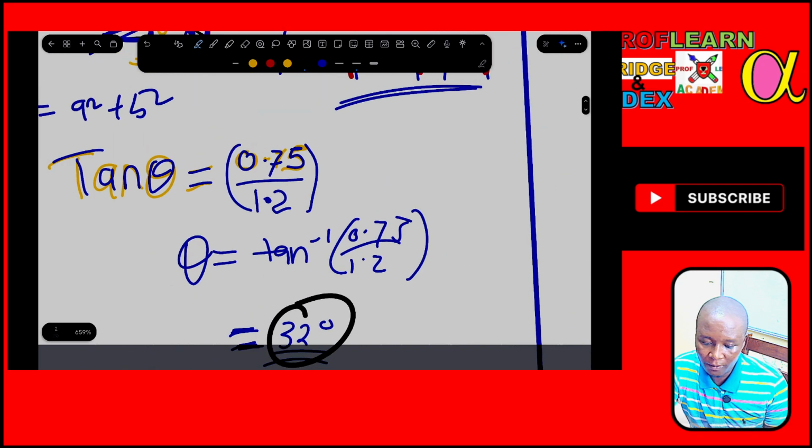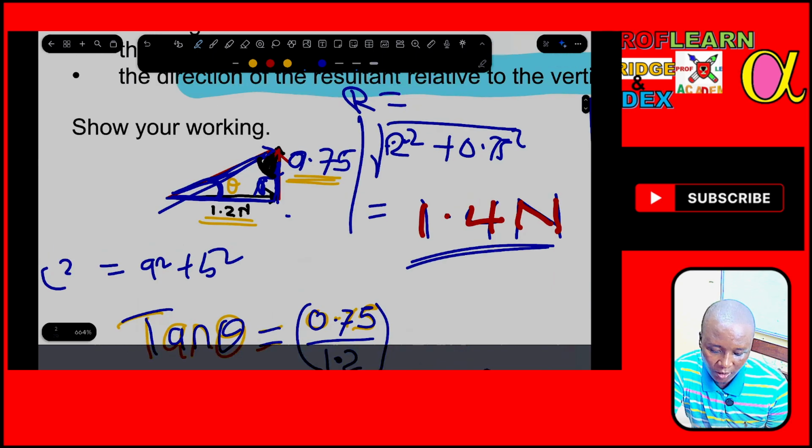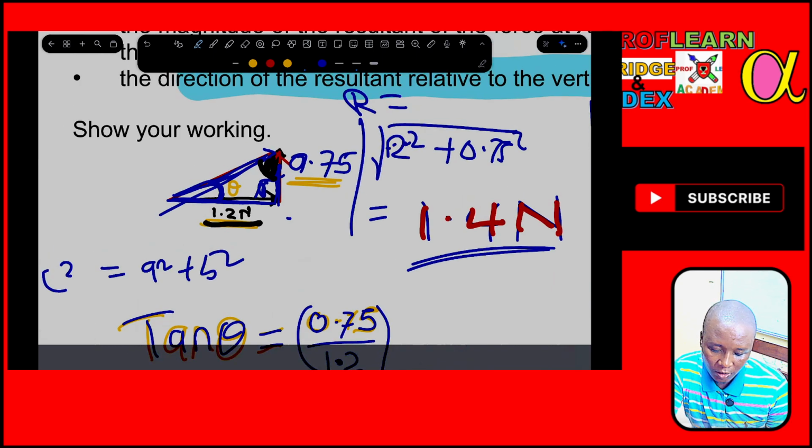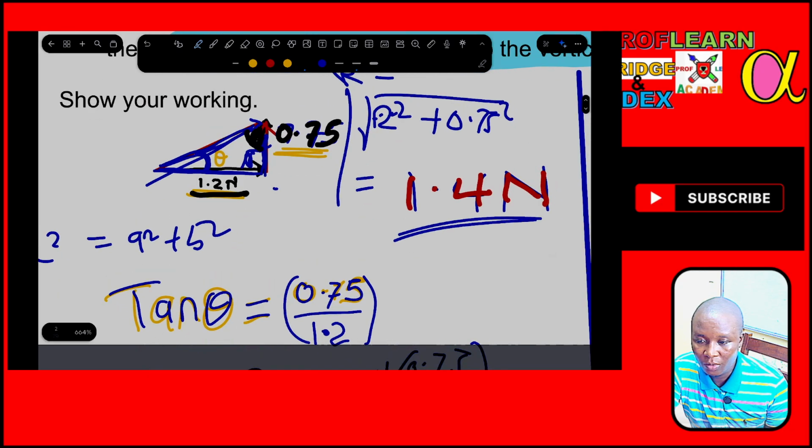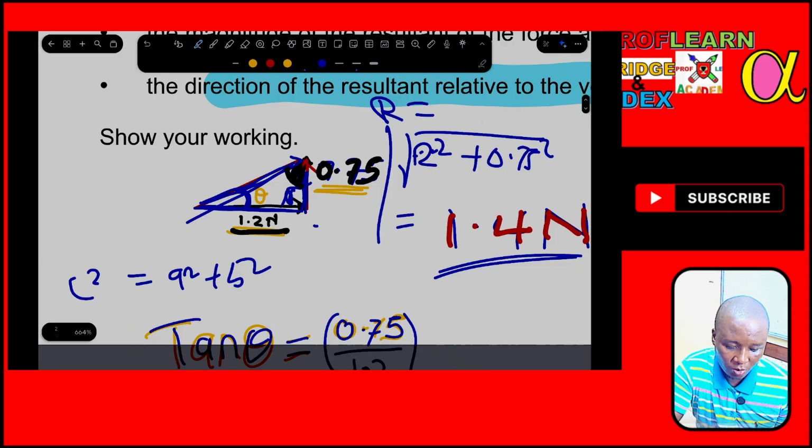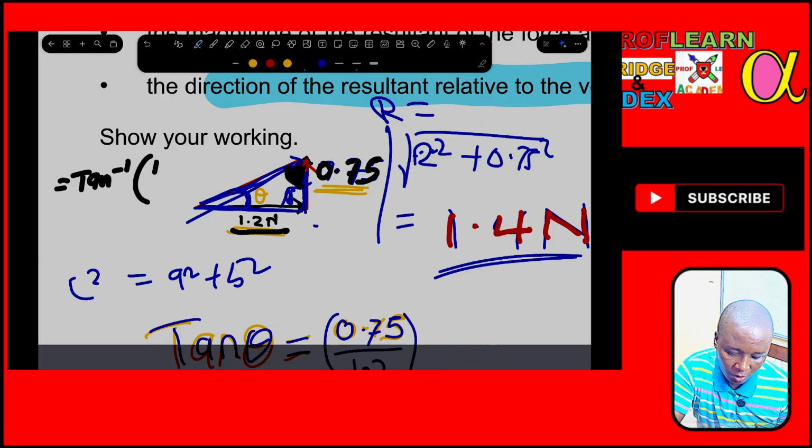But another way you could have done this is using 1.2 as opposite and 0.75 as adjacent. Then you apply tan. The angle we need will be equal to tan inverse of opposite, which is 1.2, over adjacent, which is 0.75.